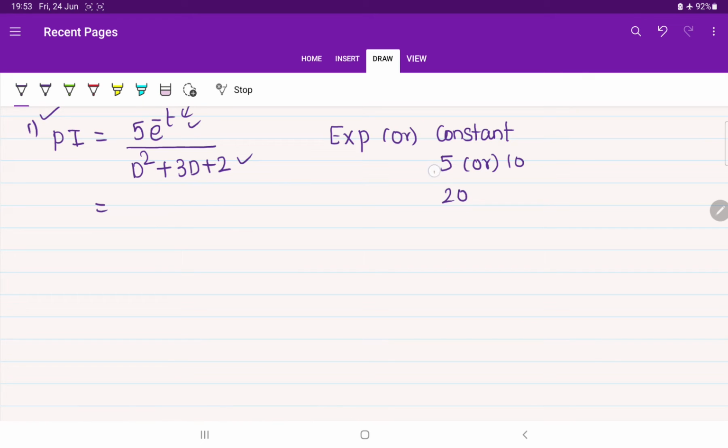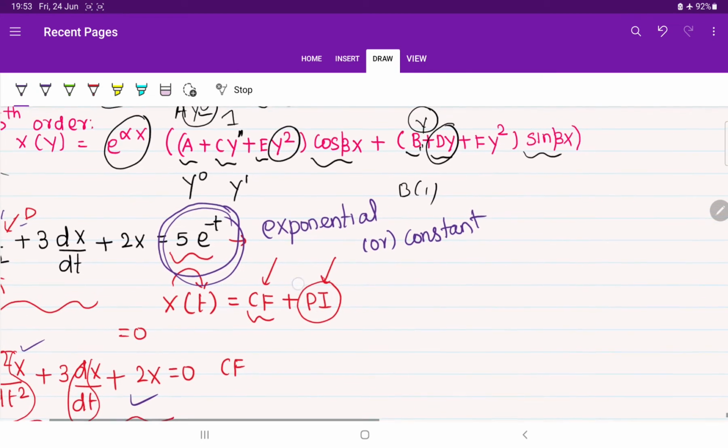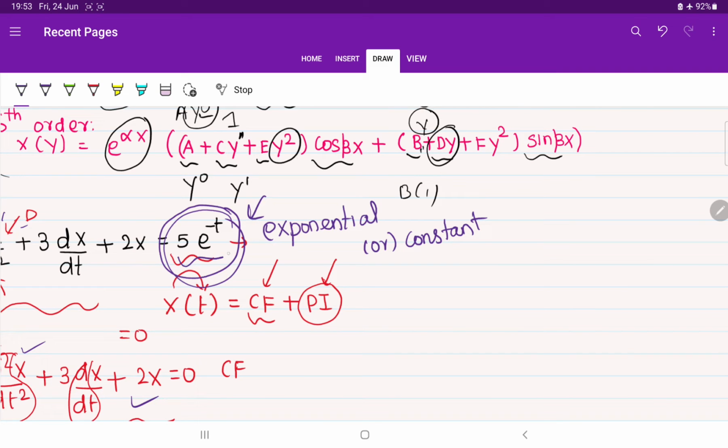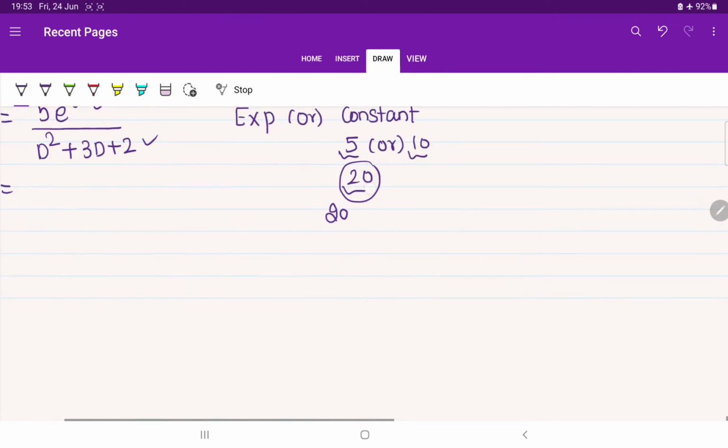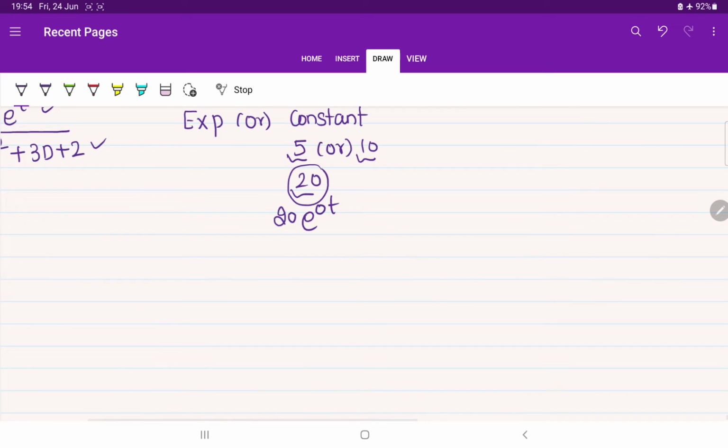Whenever you are observing this type of constant value, suppose for example only 20 is given in place of 5 into e power minus t. Just write down 20 into e power 0t. You know e power 0t equals 1 only.